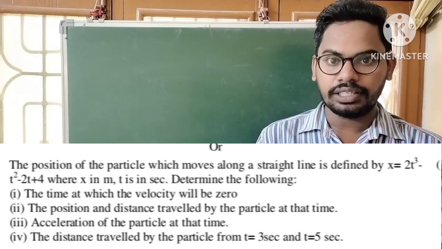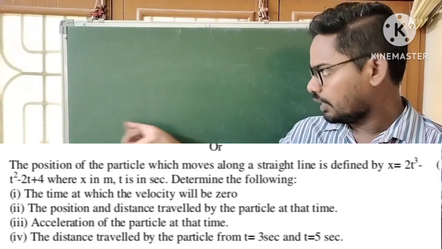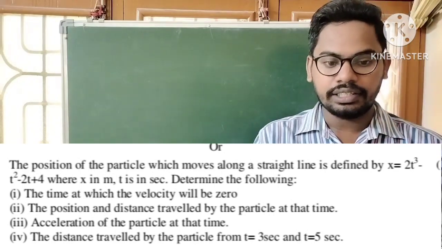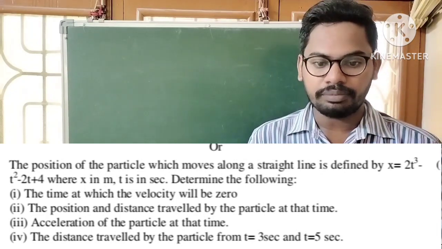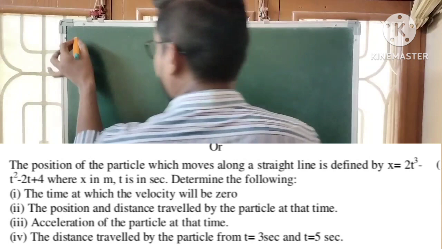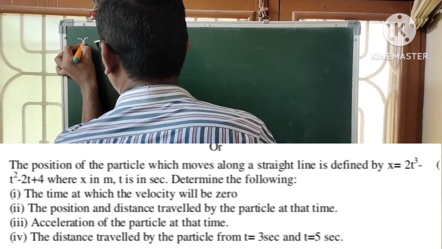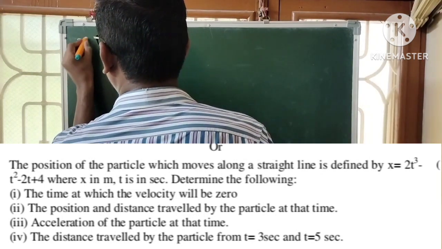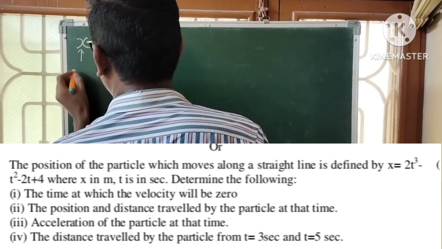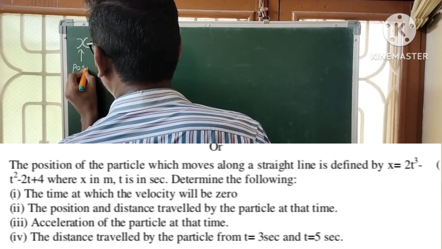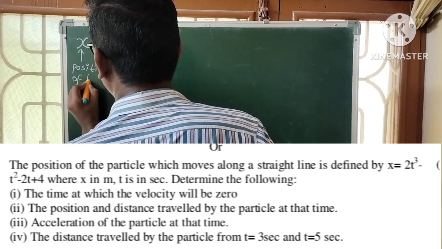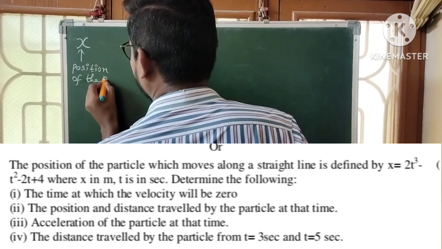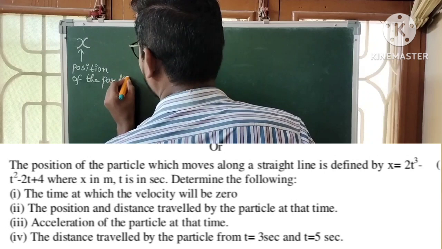So it means there is a particle which moves along a straight line, and here the position of the particle as a function of time is given. Here small x represents the position of the particle.